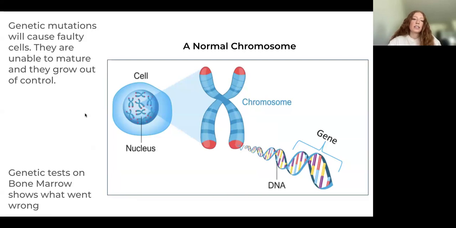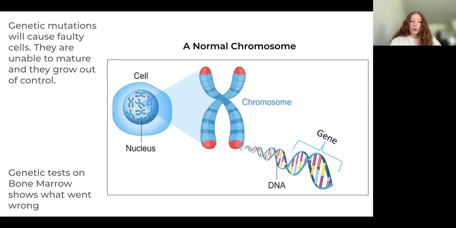Okay, and then I want to talk about the next portion, genetic mutations, and the tests that doctors will use to find those mutations. As we talked about, genetic mutations will cause faulty cells. So in AML, that's a faulty blast cell. You can think of this cell as a blast cell. And the nucleus is where you find that genetic information. It'll have chromosomes, and then in the chromosomes, it'll have a lot of DNA.